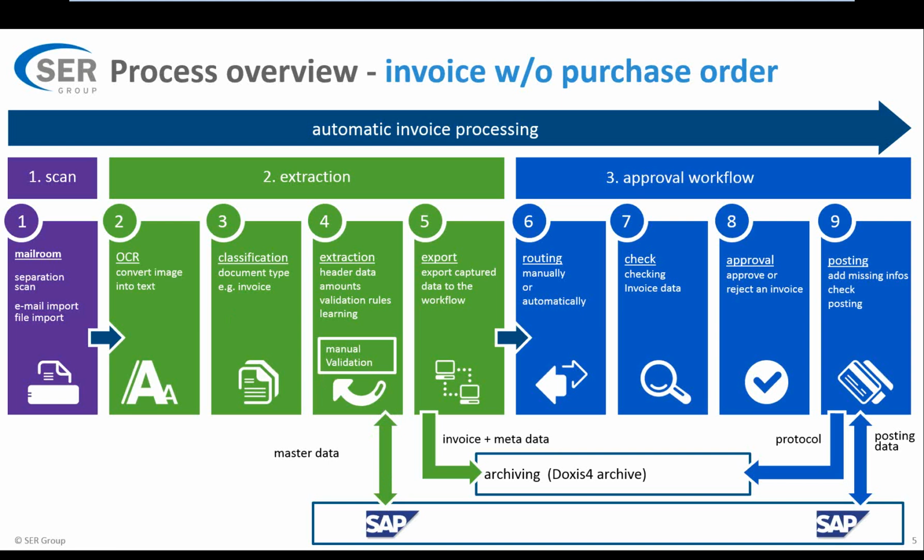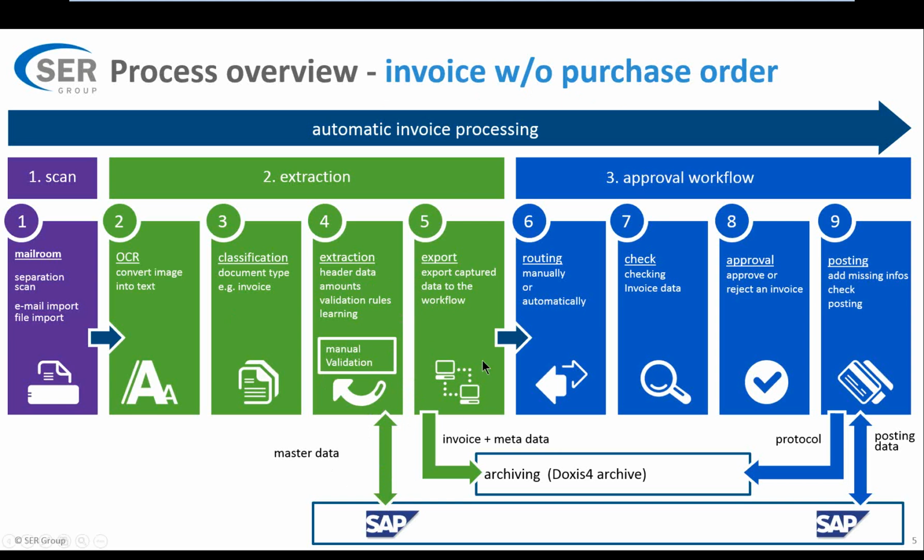So this graphic shows my process for an invoice without a purchase order. I have another slide with the changes for a purchase order in the background, but this one is without a purchase order. If you have a purchase order, there will be, of course, the checkings against the SAP purchase order as well.